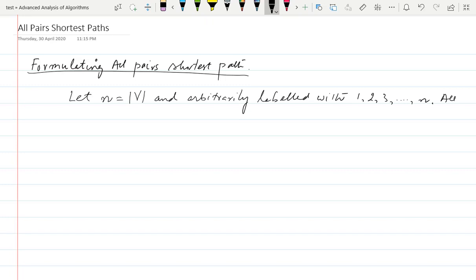Then the all pairs shortest path algorithm is represented by an n cross n matrix, or you can say an n cross n distance matrix.